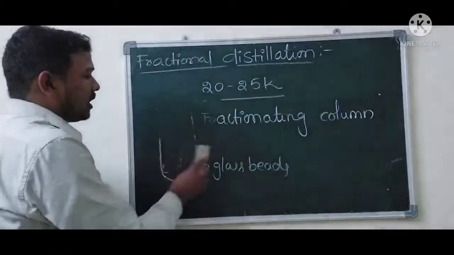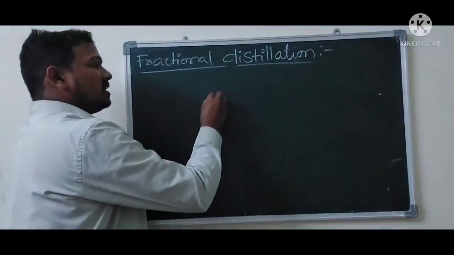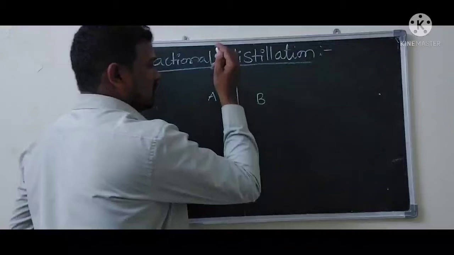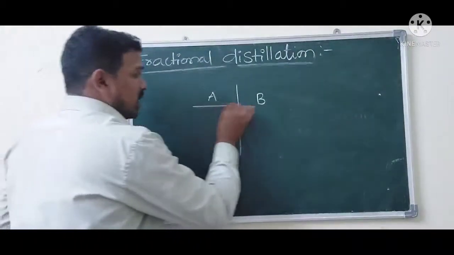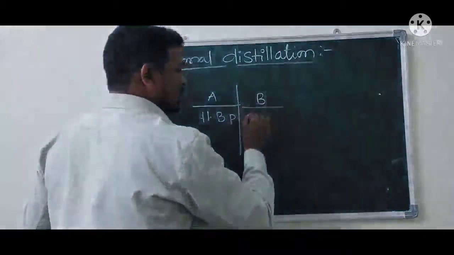If any mixture you are taking contains two miscible liquids, for example, A is one liquid and B is another liquid. A has a high boiling point and B has a low boiling point.